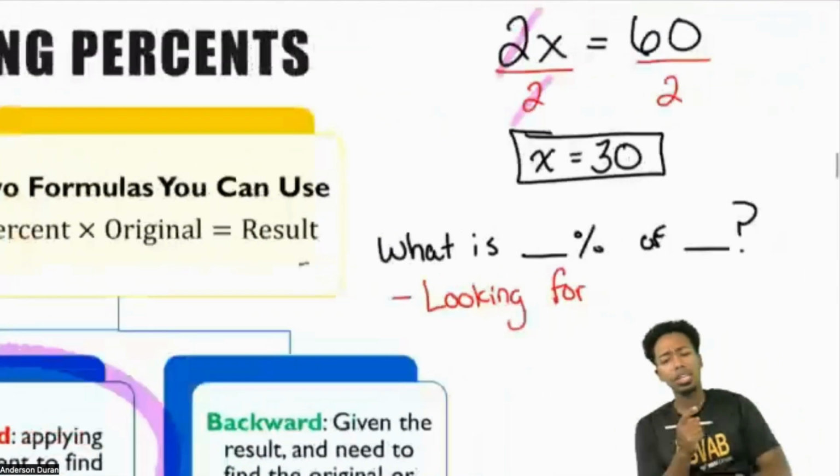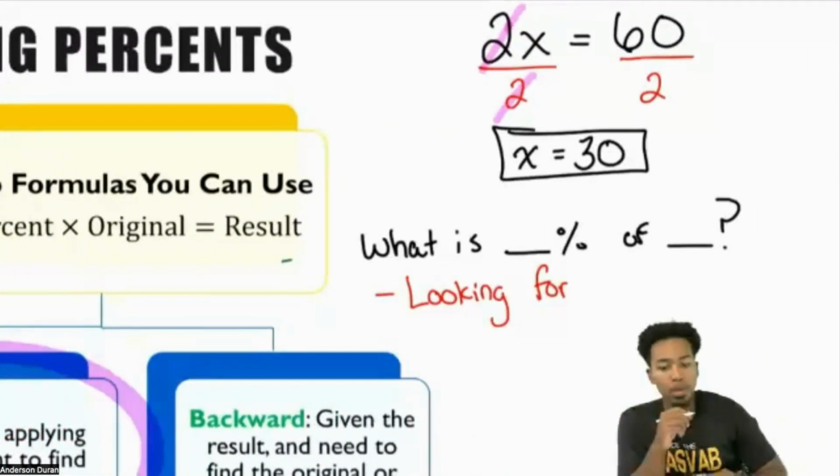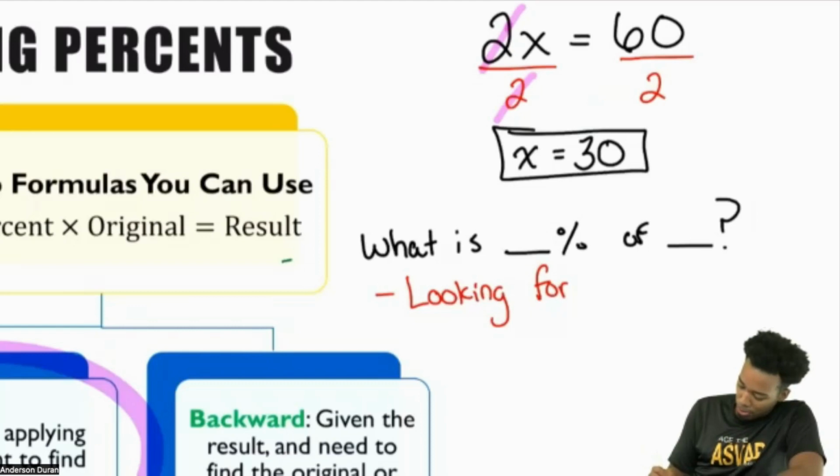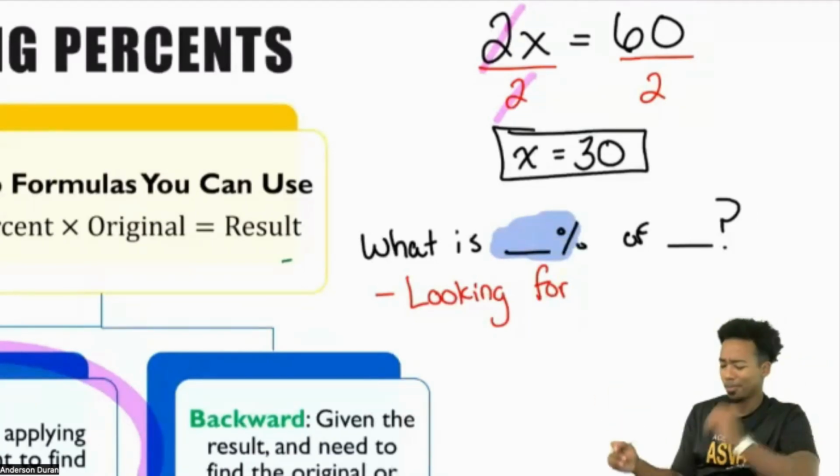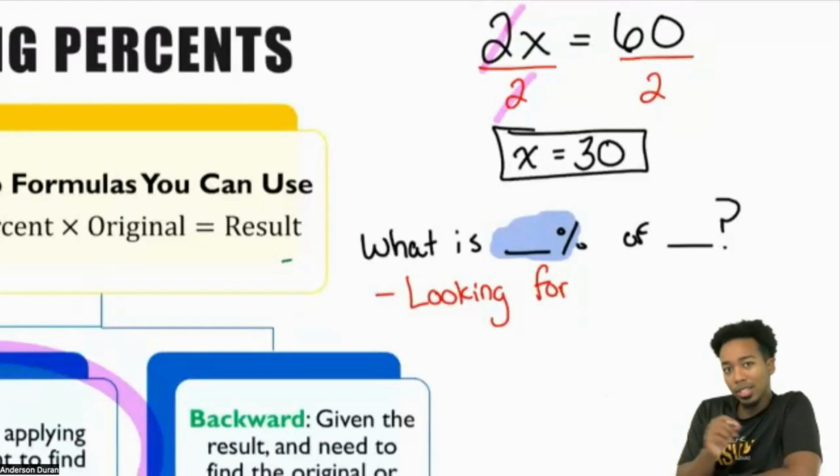So just take a look at the way that this is written. What is blank percent? So that's clearly a percent, right? There's no argument there. But here's what we need to take a look at. Everybody, in math, the word of means what? Multiply, right? The word of in math means multiply.